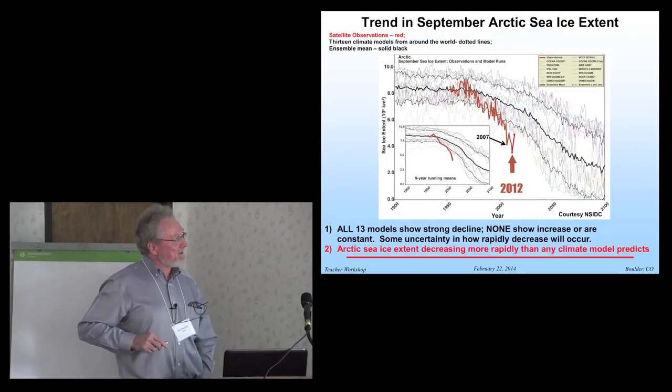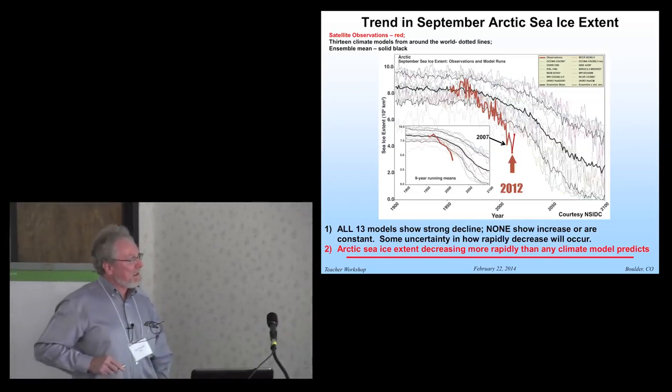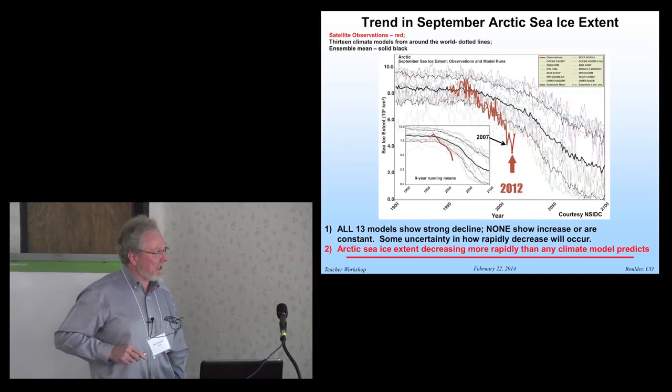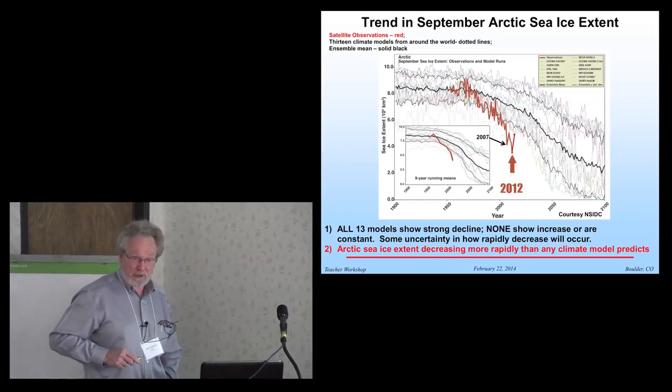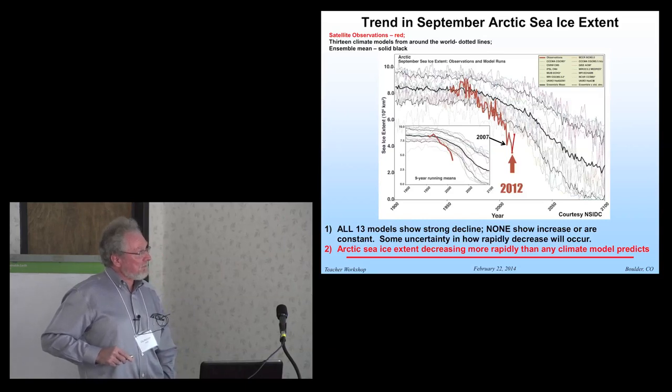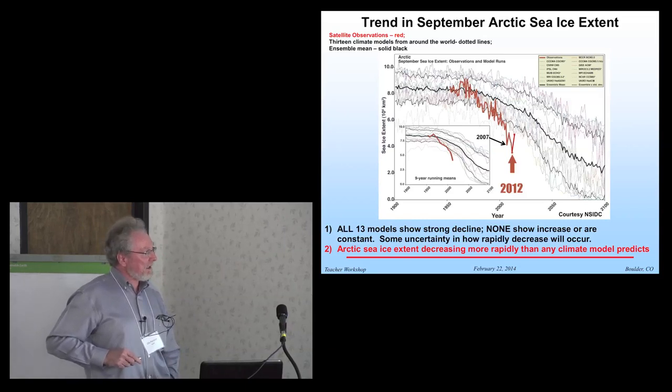The satellite observations I just showed you go even further back, to around 1970 or so, when satellite data started to become available and we could do those kinds of measurements. In red here is the September sea ice extent, in millions of square kilometers.